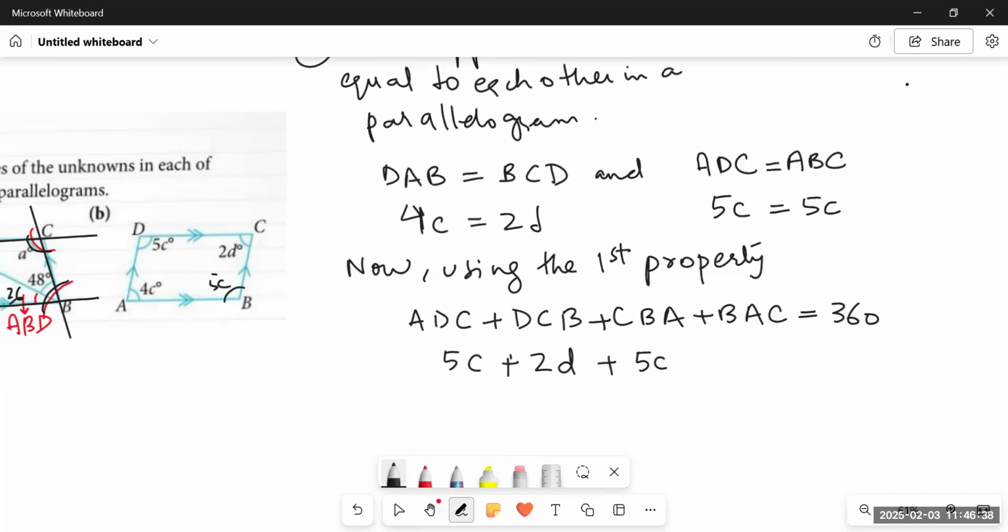If this is 5C, this is also 5C. And remember, if this is 2D, this is also 2D. But what we will do, we will replace 2D by 4C. Why? Because if this angle is 4C, this would also be 4C. So we can say 4C and 2D are equal to each other. So in the second step, we will replace 2D by 4C. Okay. So 5C plus 4C is equals to 360.